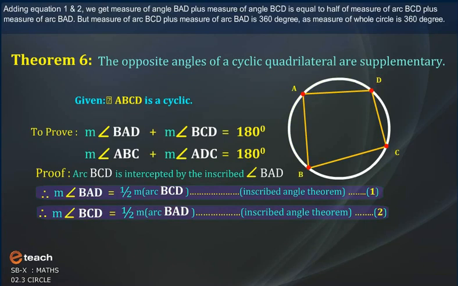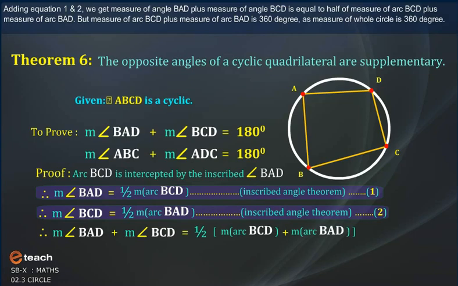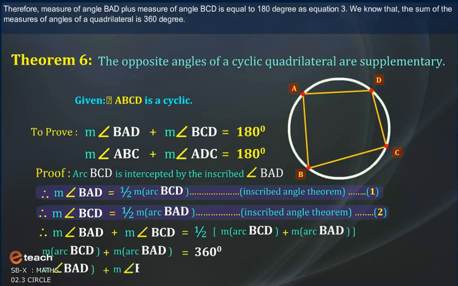Adding equation 1 and 2, we get measure of angle BAD plus measure of angle BCD is equal to half the measure of arc BCD plus measure of arc BAD. But measure of arc BCD plus measure of arc BAD is 360 degrees, as measure of whole circle is 360 degrees. Therefore, measure of angle BAD plus measure of angle BCD is equal to 180 degrees, as equation 3.